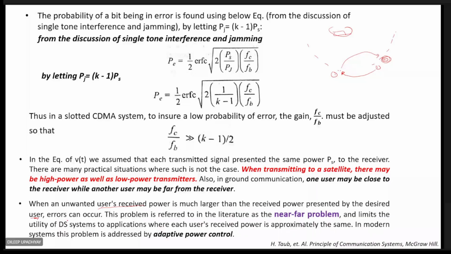This problem is referred to in the literature as the near far problem, and limits the utility of DS systems to applications where each user receives approximately the same power.